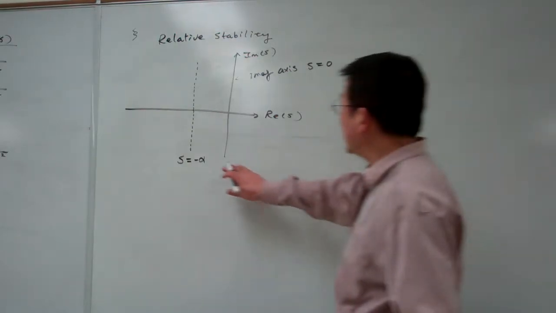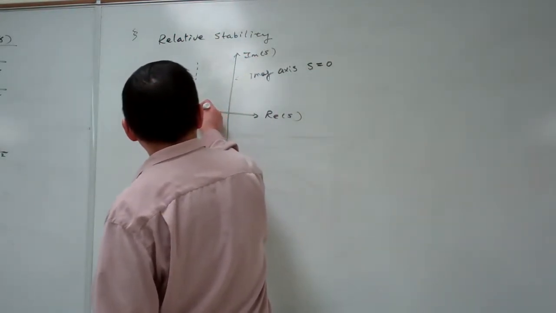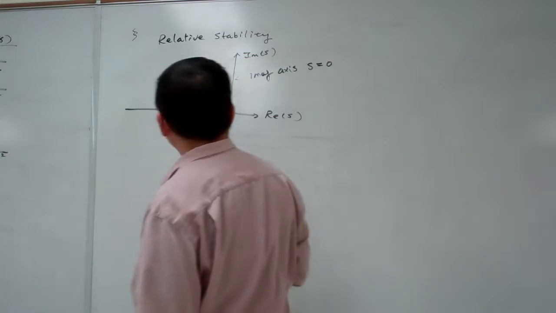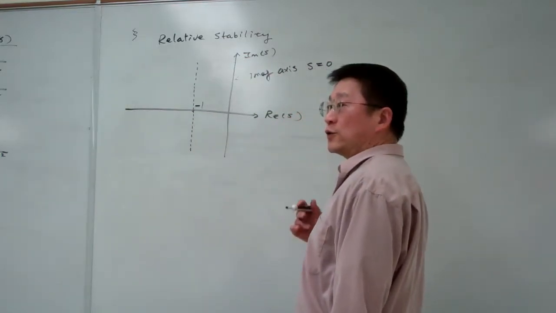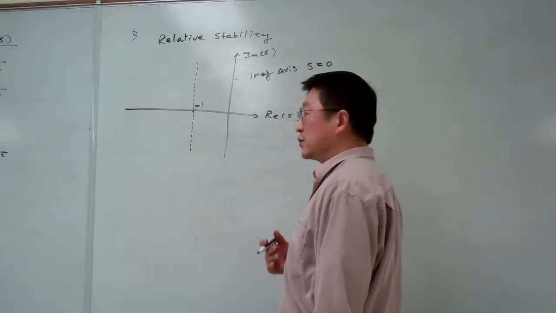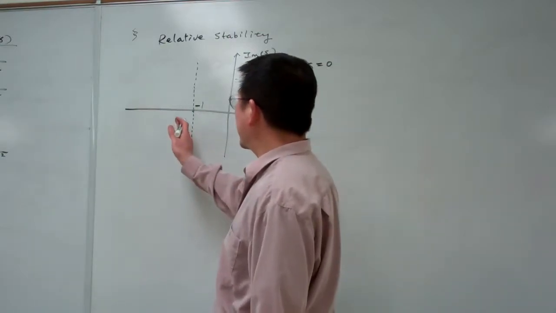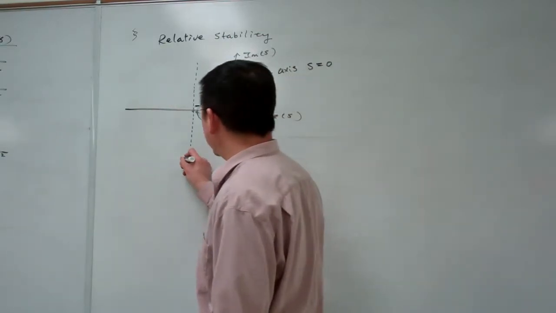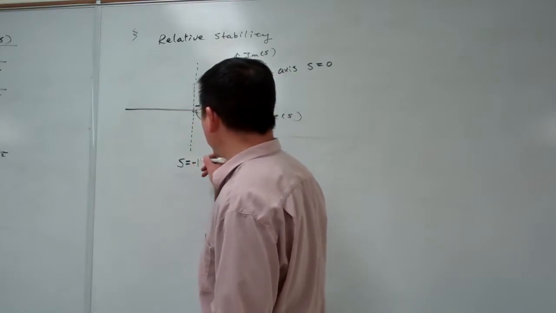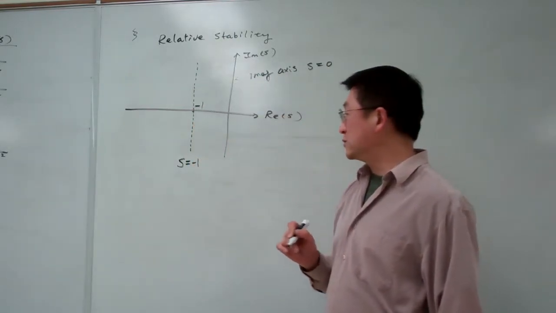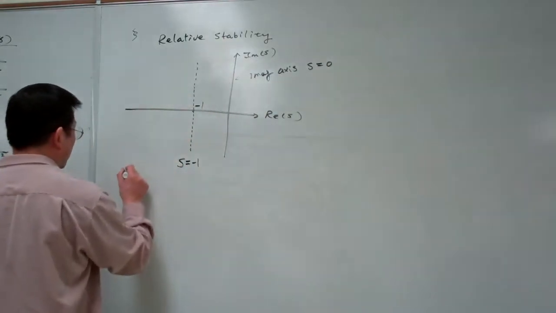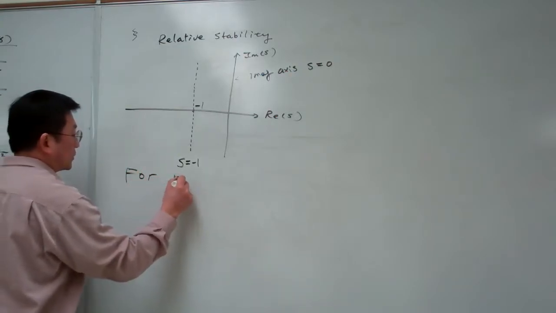For example, if this location is minus 1, we want to know whether a system has all the poles located to the left of this line, which is described by s equal to minus 1.